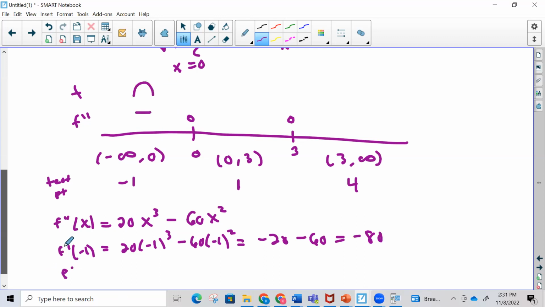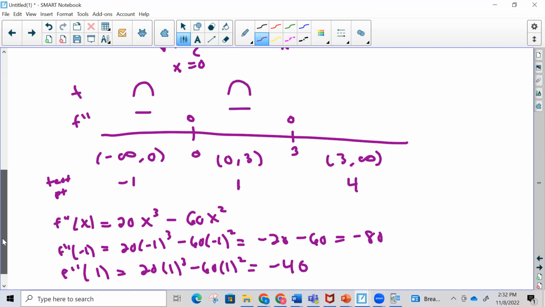I'm going to try my second test point into my second derivative, 1. So I get 20 times 1 cubed minus 60 times 1 squared. So I get 20 minus 60, which is -40. So this is negative and it's still concave down.